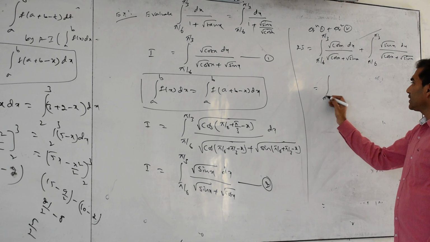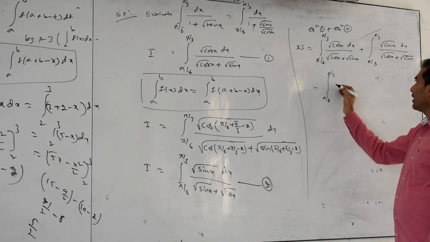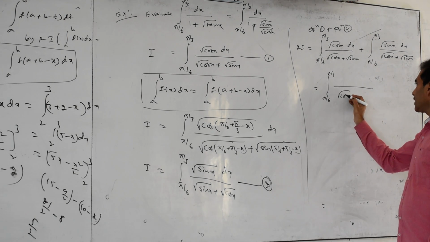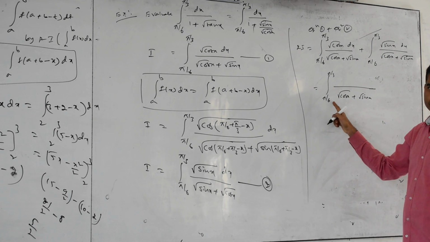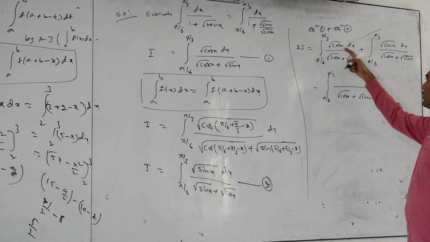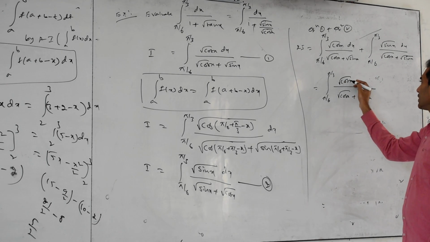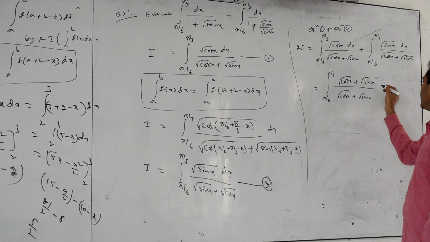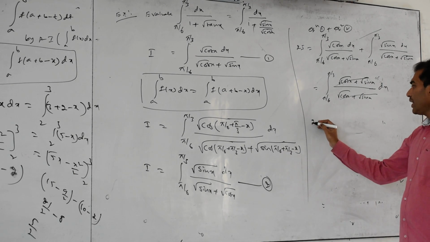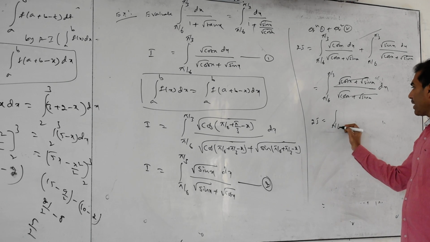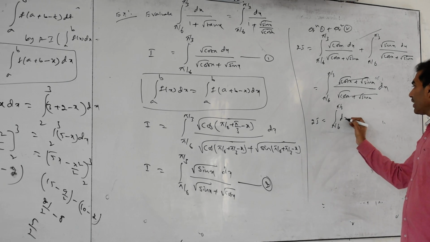Then the integration limits and denominator should be the same. What is the denominator here? Root cos x plus root sin x. For the whole we can take the common element. When you take the LCM here, we will get root cos x plus root sin x dx, and this gets cancelled. 2I equals integration of pi by 6 to pi by 3 of 1 dx.